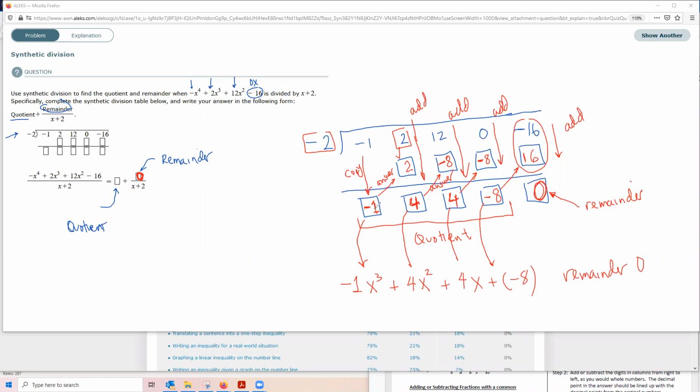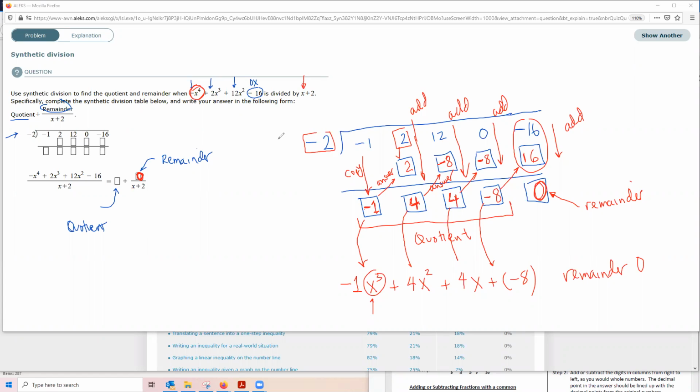So these numbers that you end up with for the quotient are the coefficients, the numbers to put in front of x. Now, how did I know to start with x to the 3 here? Well, our original problem started with x to the 4, but we're dividing it by x.